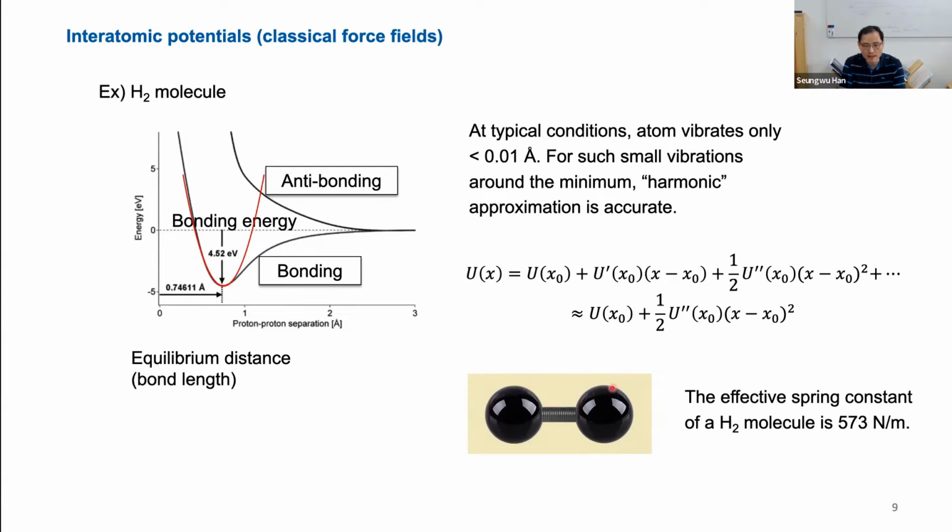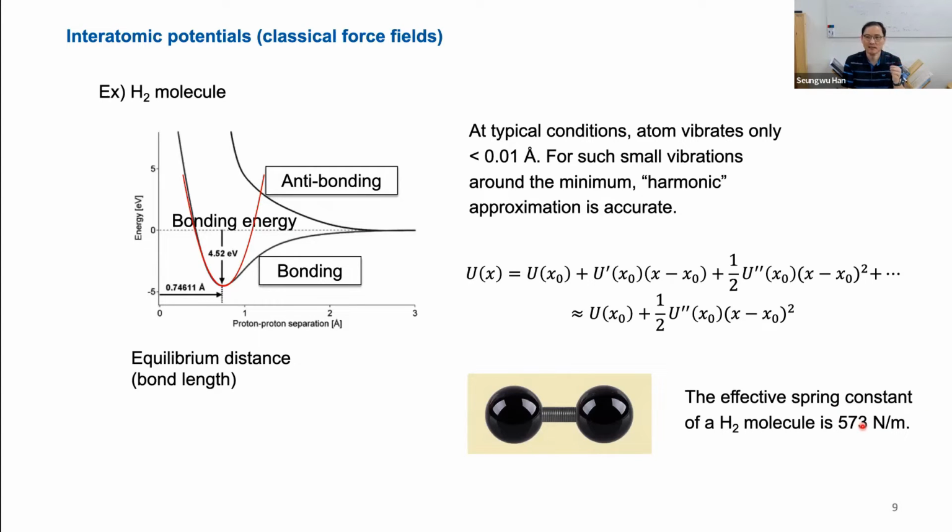Therefore, you can visualize that this H2 molecule is connected by a simple spring that follows Hooke's law. And from experiment or computation, it is known that the effective spring constant of the H2 molecule is 573 Newton per meter, which means that if you have the H2 molecule and could expand it following Hooke's law all the way, which is not the case, then 573 Newton is around the weight of a grown person.